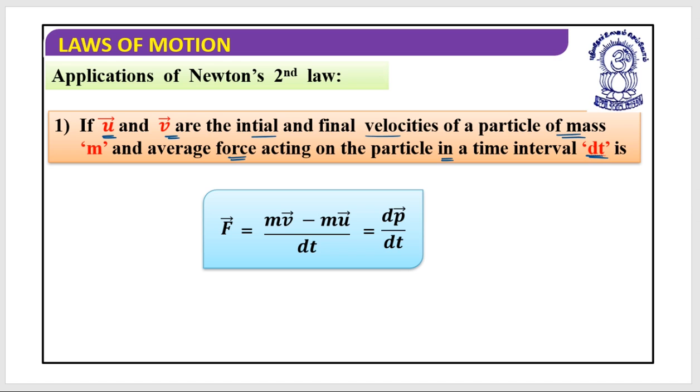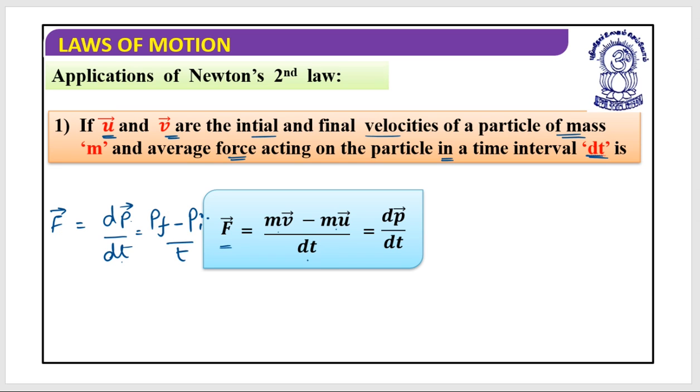What we know is that F is equal to the rate of change of momentum, meaning change in momentum with respect to time. So the change in momentum is final momentum minus initial momentum divided by time, if I want a scalar form. That can be written as F is equal to mv minus mu divided by dt.